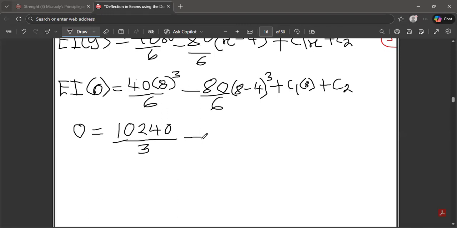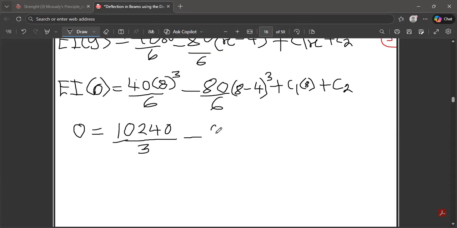Minus, let's quickly punch the other one too: minus 80 over 6, bracket open, 8 minus 4, exponent 3. What are we going to get?